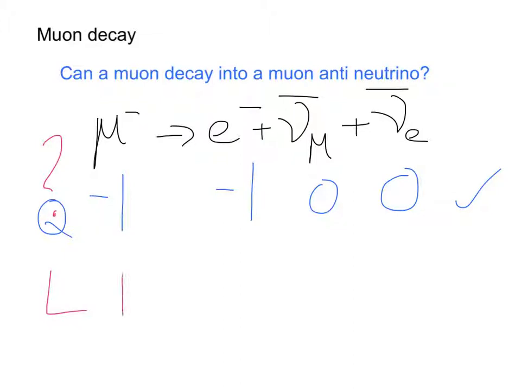So a muon is a lepton, an electron is a lepton, a muon antineutrino has -1, and electron antineutrino is -1. So we're ending up with 1 and -1. So this interaction is not observed.